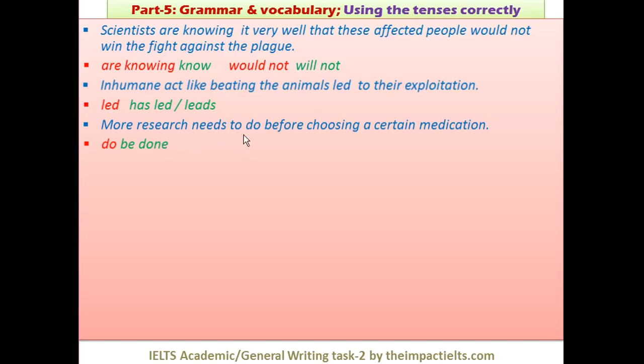Another subject is involved, which is not mentioned here. So when we talk about an action, like "do" is the action, and the subject does not precede it, like there is no subject before this action verb, who will do it? That's not clear. In that case, this verb should be used in passive voice. The passive form here is "be done". So more research needs to be done. I'll give you one more example. Like, you should teach me IELTS.